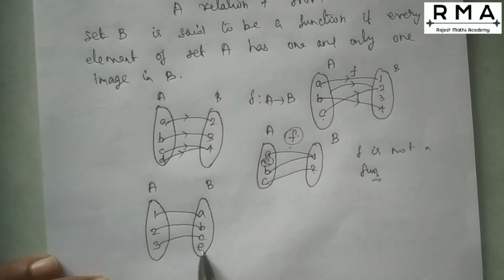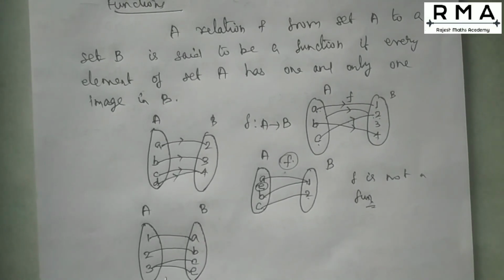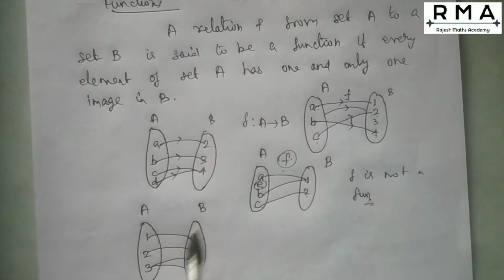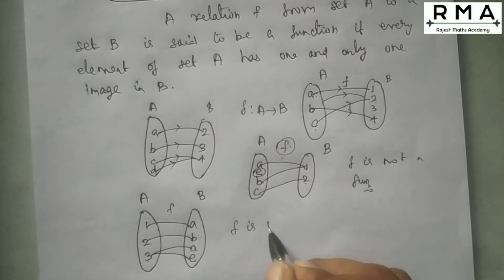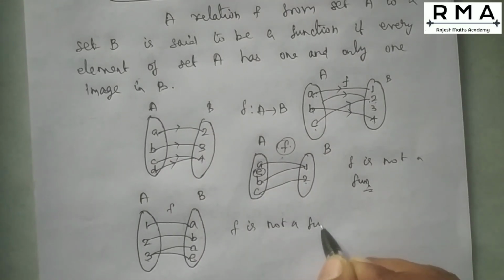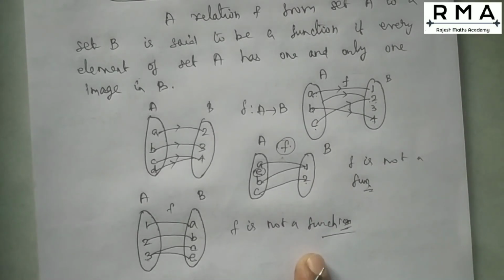One more element e I can take, and the same 3 is mapped with e. In this case also the definition fails. Why? Every element of A must have one and only one image. 1 has a as image, 2 has b as image, but 3 has two images, c and e. So this case also the definition fails, and we can say that f is not a function. Clear? I hope everyone is clear about which is a function and which is not.